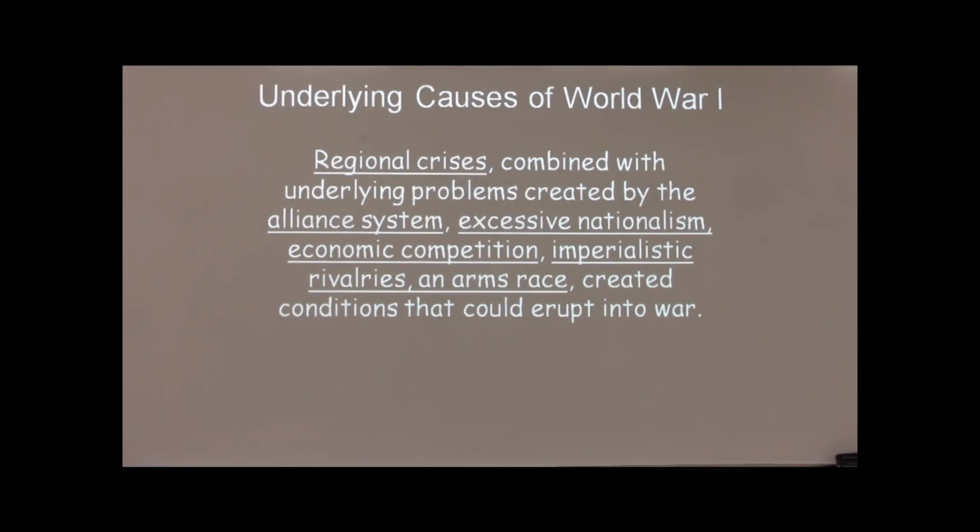So regional crises combined with underlying problems created by the alliance system, excessive nationalism, economic competition, imperialistic rivalries, and arms race created conditions that would erupt into war.